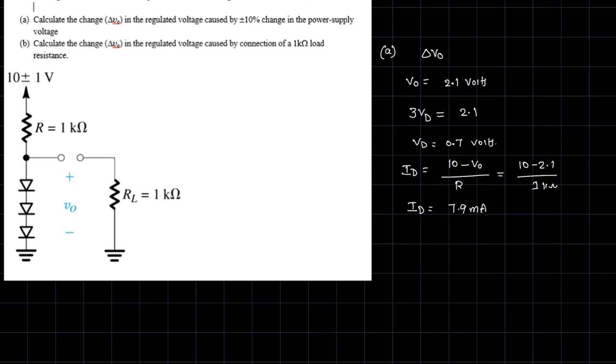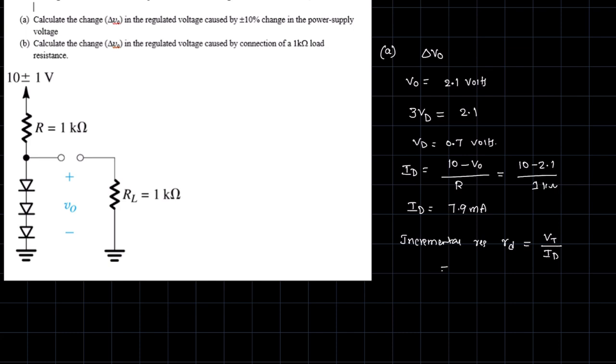Now let's go for the diode small signal equivalent. Each diode will have a small resistance in the forward biased condition, called the incremental resistance. RD is VT, the thermal voltage, over the current through the diode.